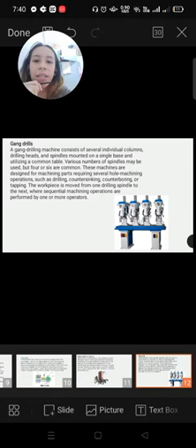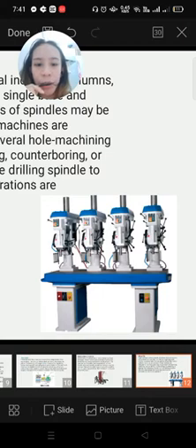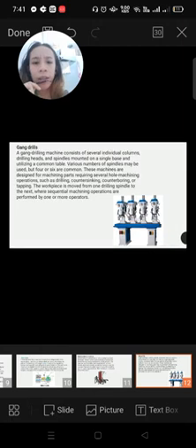These machines are designed for machining parts requiring several hole machining operations such as drilling, countersinking, counterboring, or tapping. The workpiece is moved from one drilling spindle to the next, where the sequential machining operations are performed by one or more operators. So this is an example of gang drills, where you can see what operations are included.